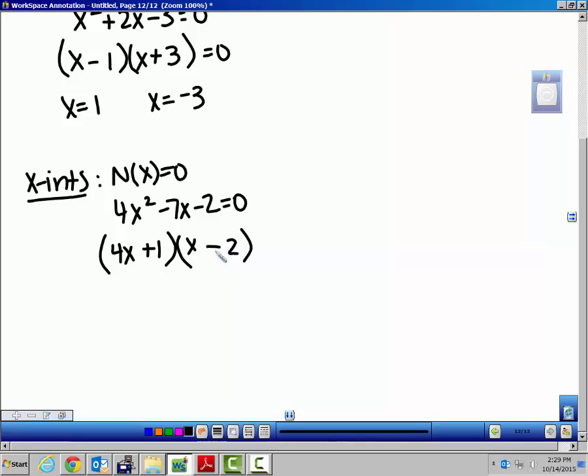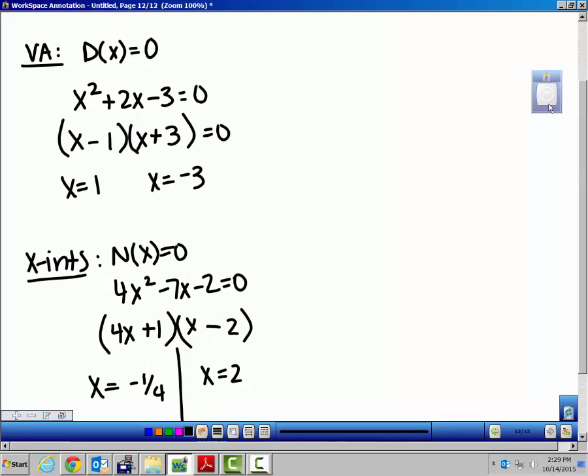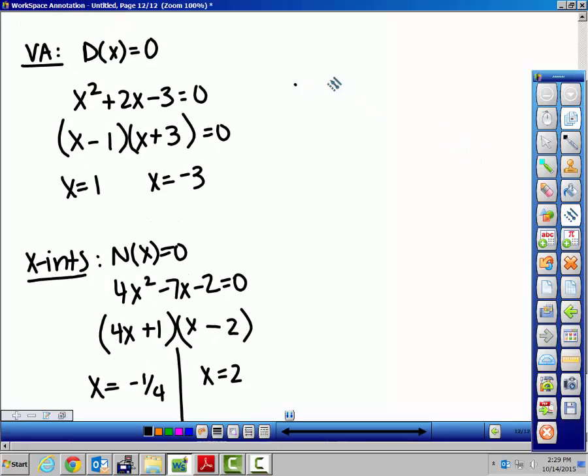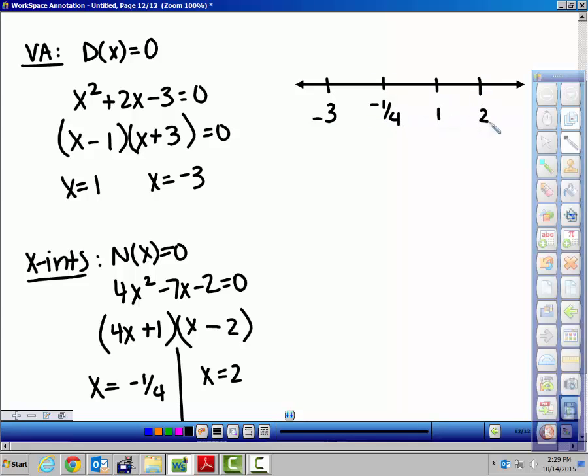And that would work out, because the negative 2 times 1 could give me negative 2. And that would be negative 8x, and positive 1 would give you negative 7x. So split and solve. So subtract the 1, divide by 4. Alright, so we have these 4 values to put on our number line. So we have negative 3, negative 1/4, 1, and 2.